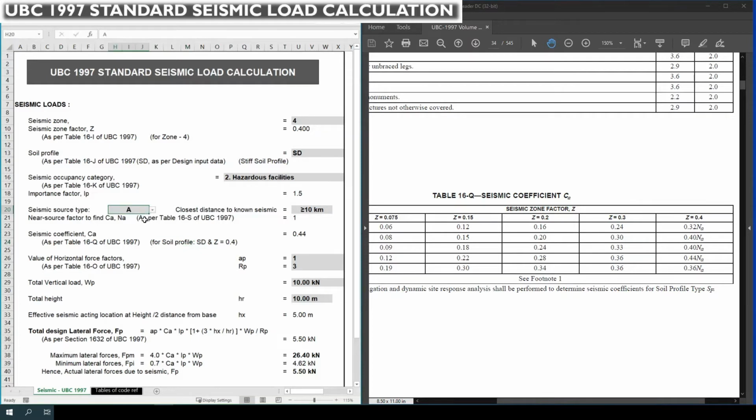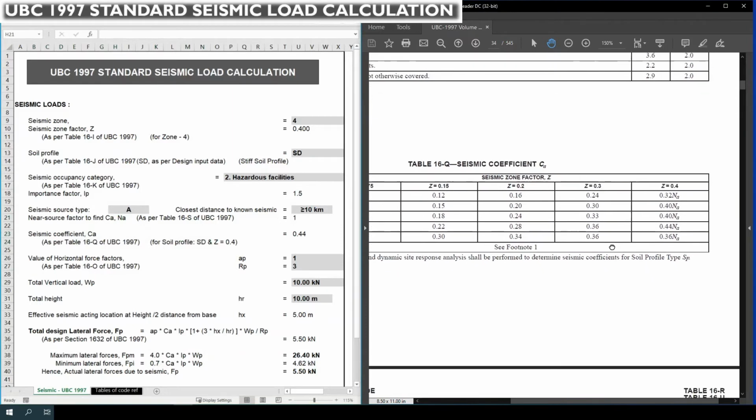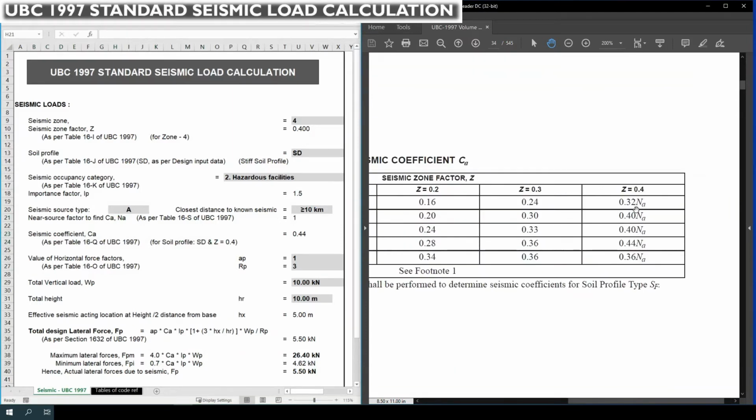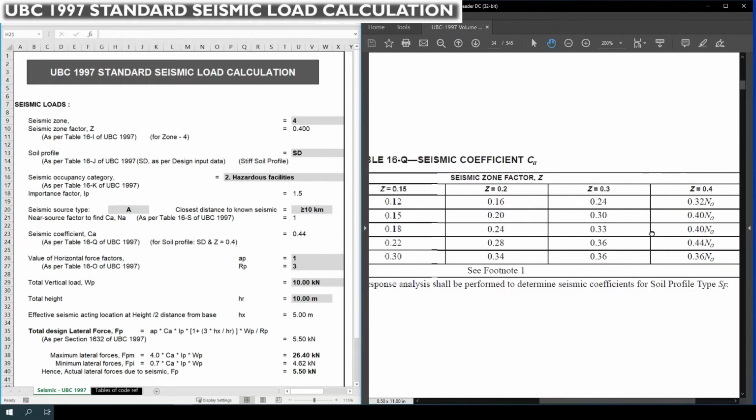For that we need two more inputs to find the seismic coefficient Ca, because in this table, for seismic zone factor 0.4, the value of Ca for each soil profile is mentioned as 0.32 Na, 0.4 Na, 0.44 Na, or 0.36 Na. So this Na factor we need to calculate if the seismic zone falls under 4.